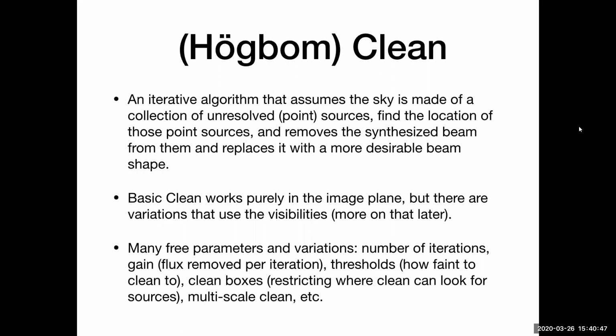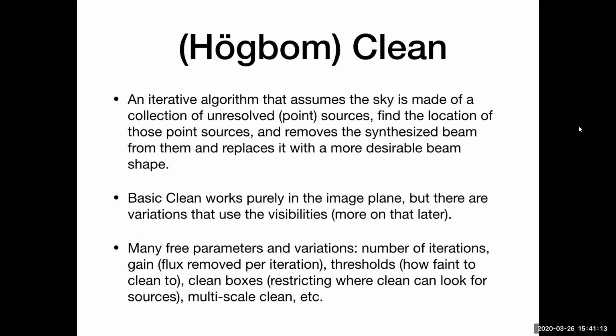But the basic algorithm works purely in the image plane. You just work with the image and then try to improve it. There are some modern variations that actually work on the visibilities, and they tend to give better performance in some ways, so they tend to be more common. One of the tricky things with CLEAN is there are a lot of free parameters and a lot of variations on the technique.